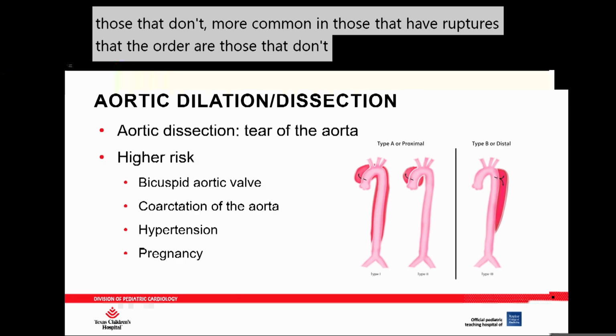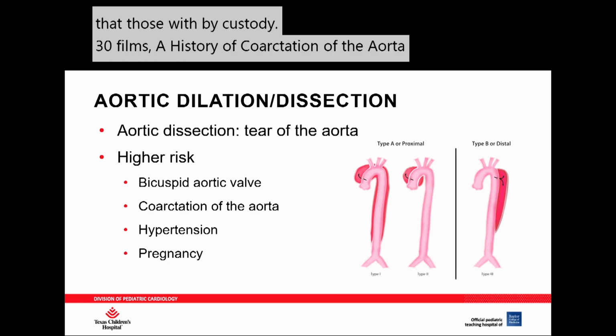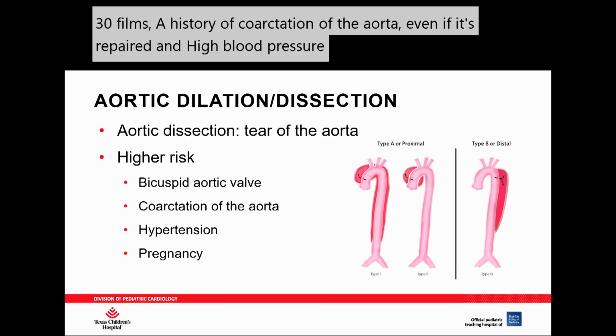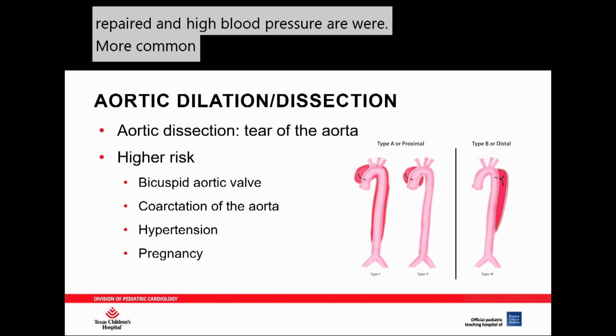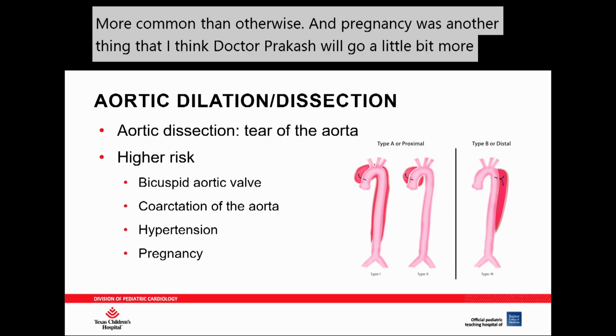And they found that those with bicuspid aortic valves, a history of coarctation of the aorta, even if it's repaired, and high blood pressure were more common than otherwise. And pregnancy was another thing that I think Dr. Prakash will go into in a little bit more detail.